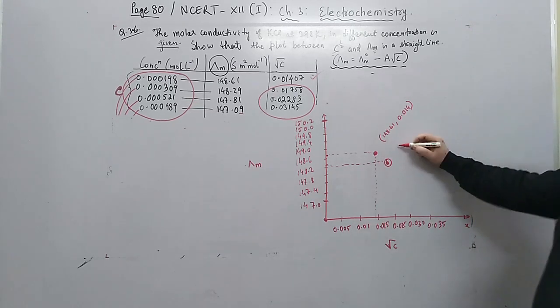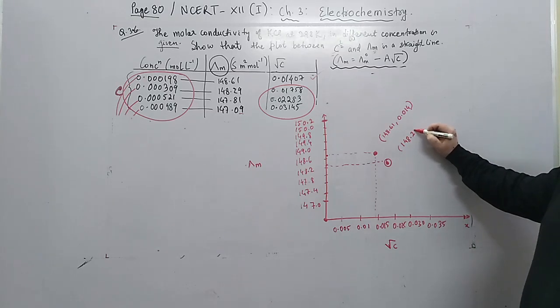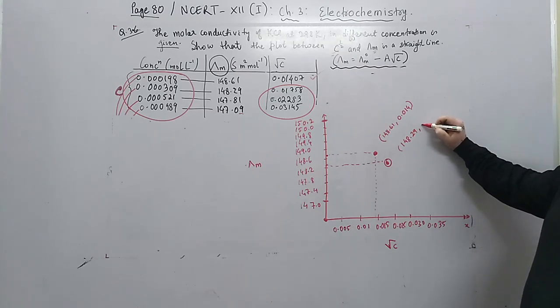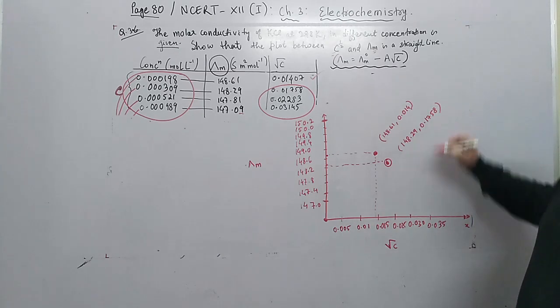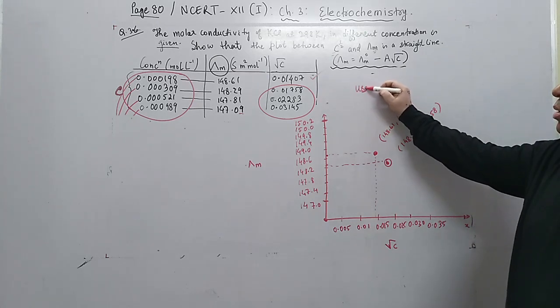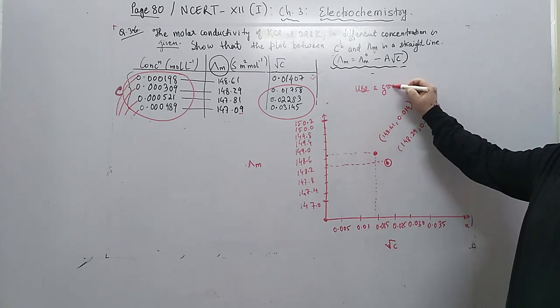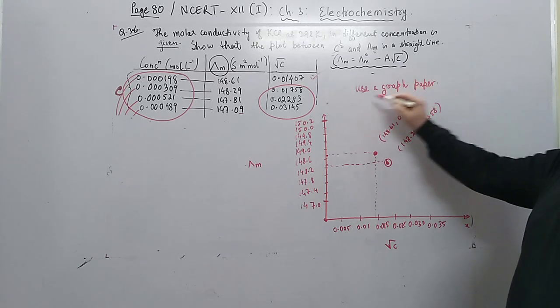This will become 148.29 and 0.0178 approximately. I am doing it roughly, and you should use graph paper and do it properly.